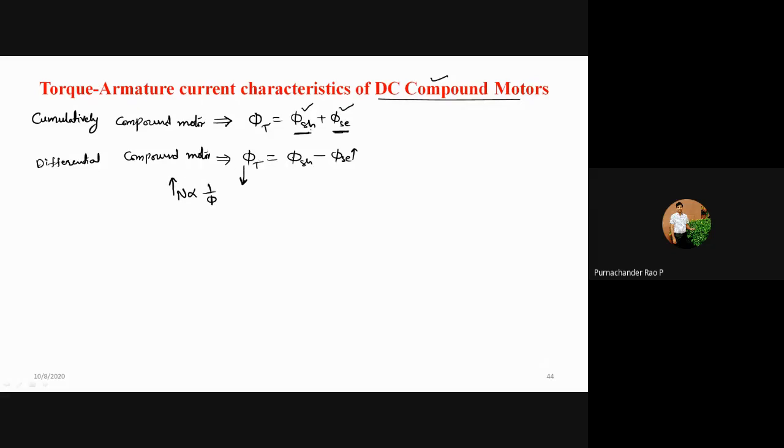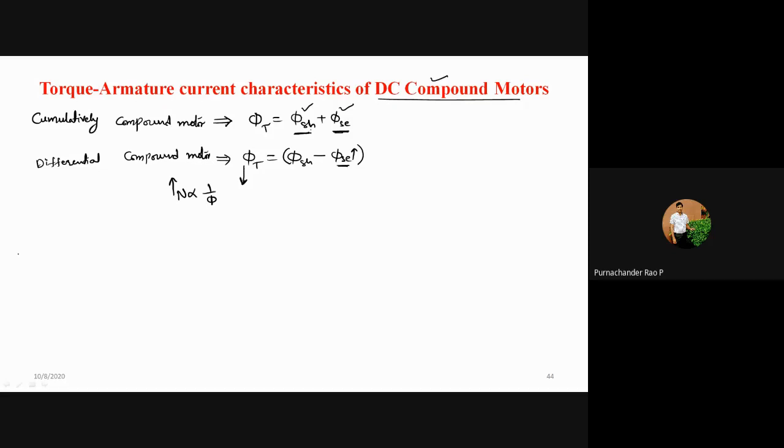Because the flux varies with respect to the shunt field flux and the series field flux, and the speed may reach very high values, differential compound motors are rarely used for any practical applications.